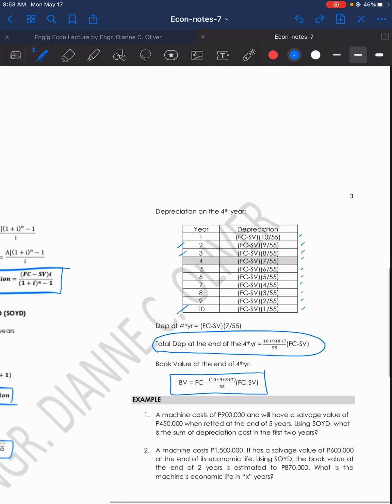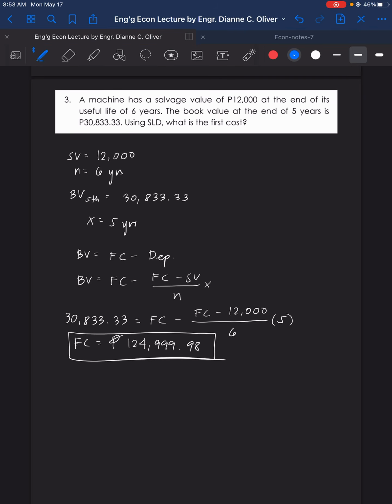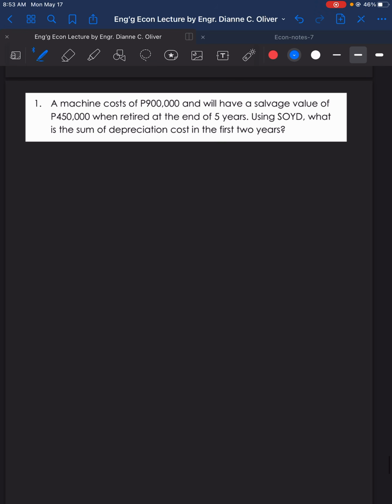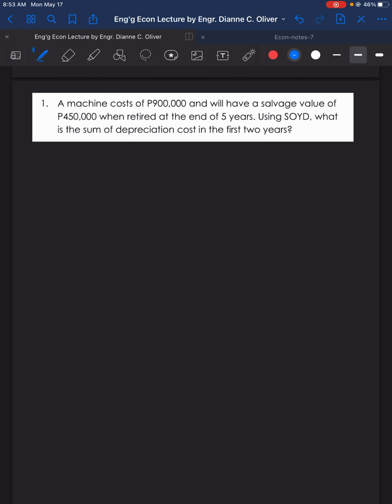Right, so let's solve the examples. For number 1 of the sum of years digit method, we have a machine that costs 900,000 pesos and will have a salvage value of 450,000 pesos when retired at the end of 5 years.